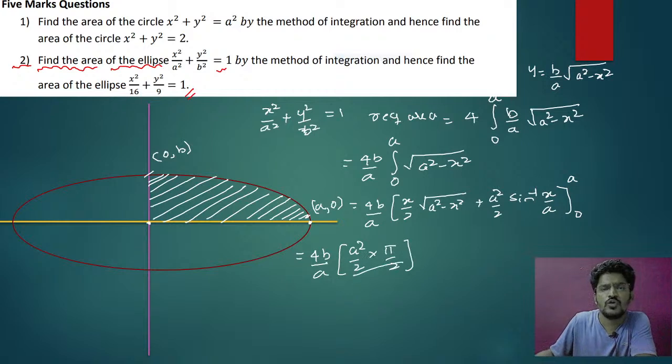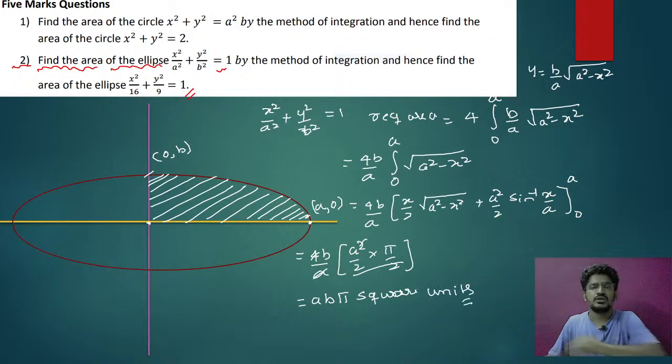Okay, so 4 will cancel, a will cancel, ab pi square units is going to be your answer.